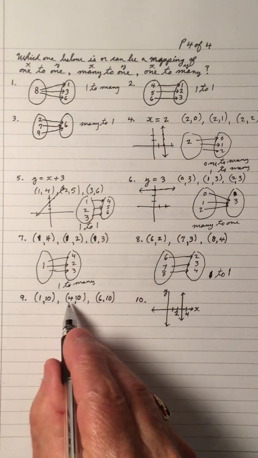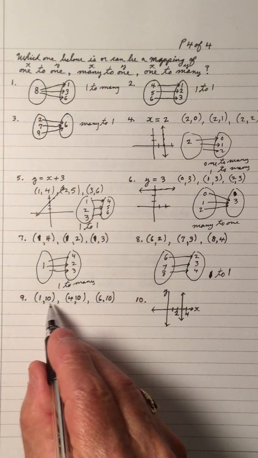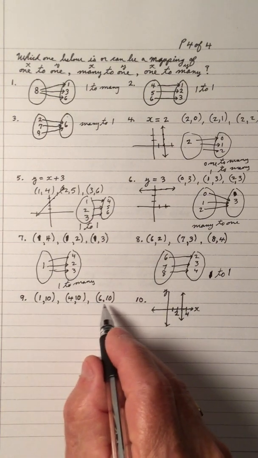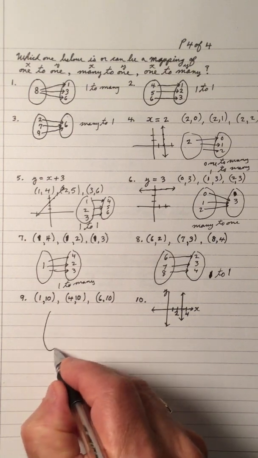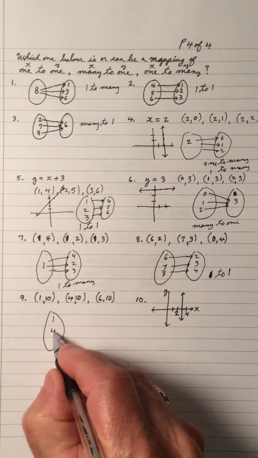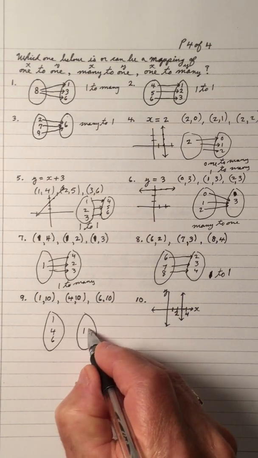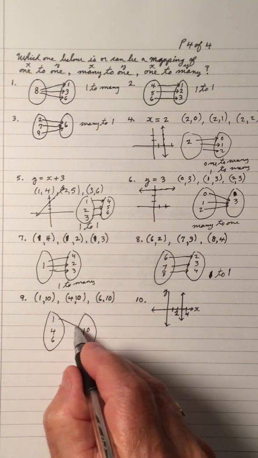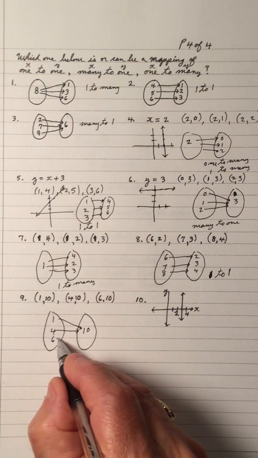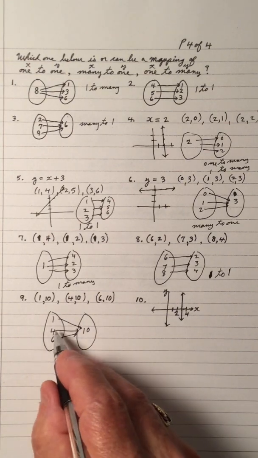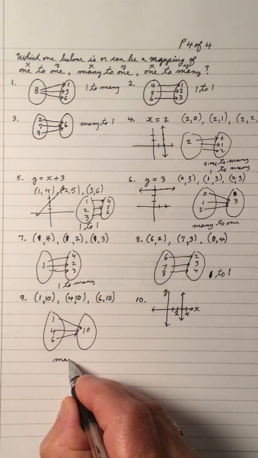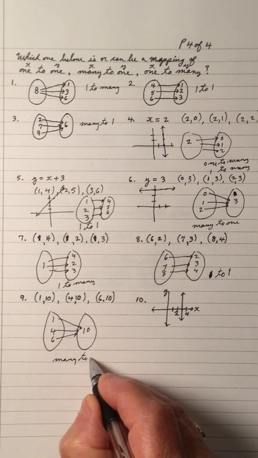Number 9, 1, 4, 6 going to 10, 10, 10. So if you think about it, we got a 1, 4, and a 6 for the x. And the y is 10. So 1 goes to 10, 4 goes to 10, 6 goes to 10. So that's many to 1.